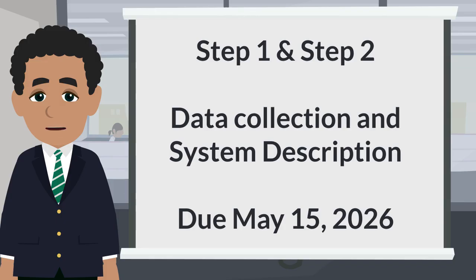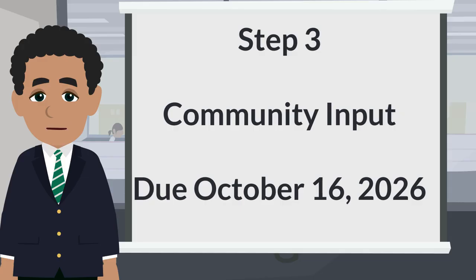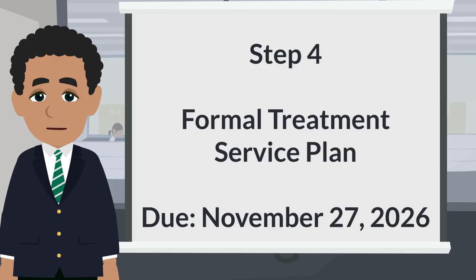These steps focus on data collection and system description and are due May 15, 2026. This step focuses on community input and must be completed by October 16, 2026. This step results in a formal treatment services plan, which is due November 27, 2026.